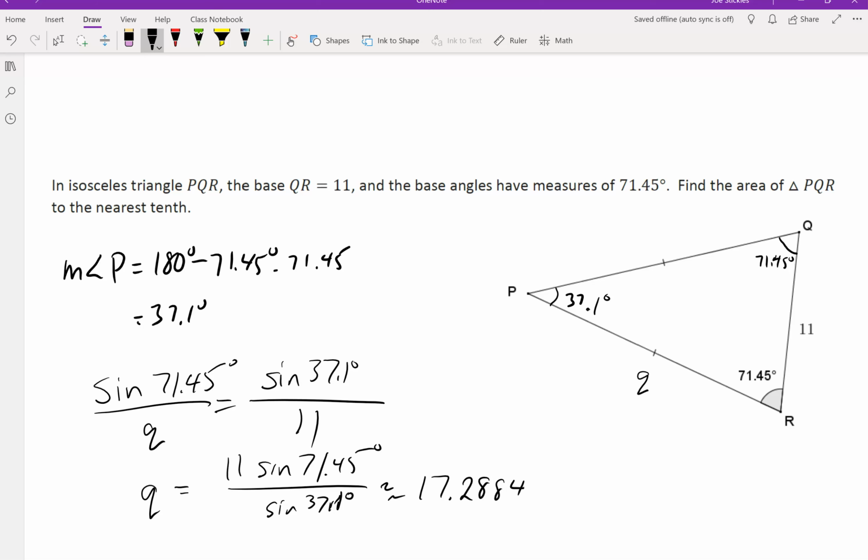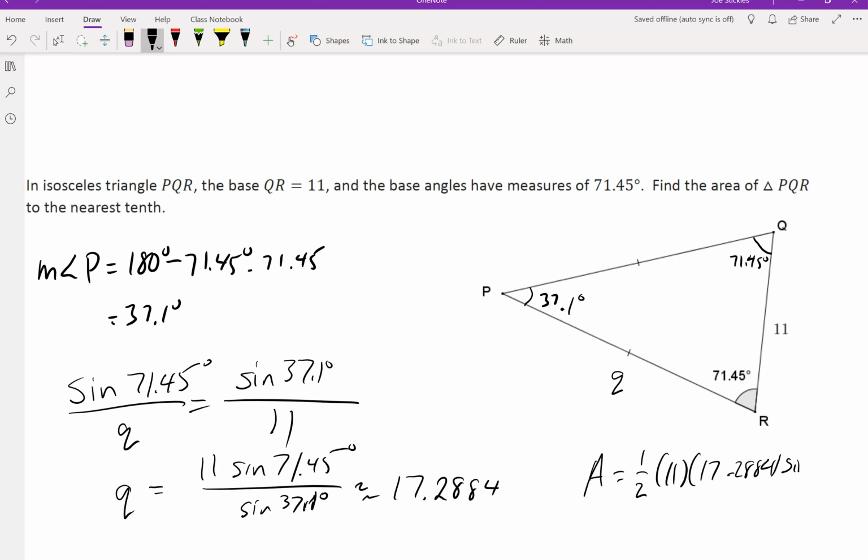Now we have two sides and the included angle, so the area will be 1/2 times 11, that's one side, times 17.2884, that's the Q side, times the sine of 71.45. So put that into our calculator.